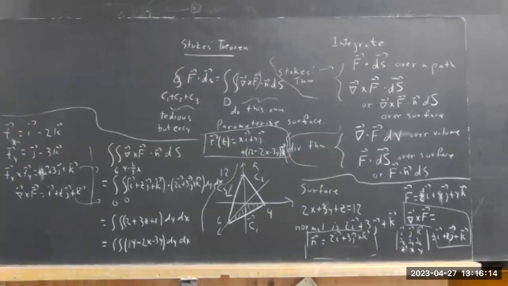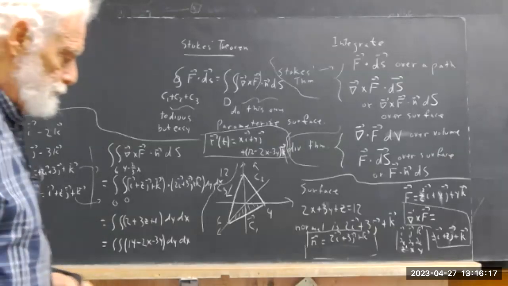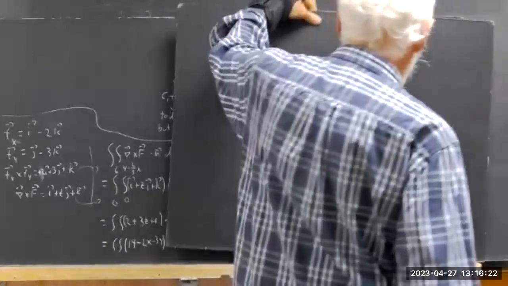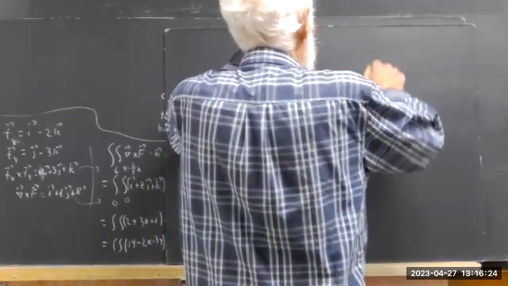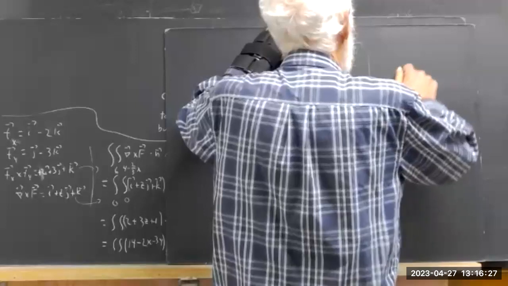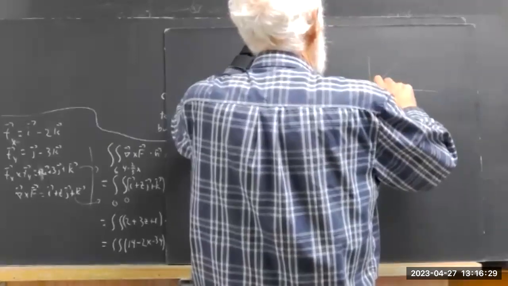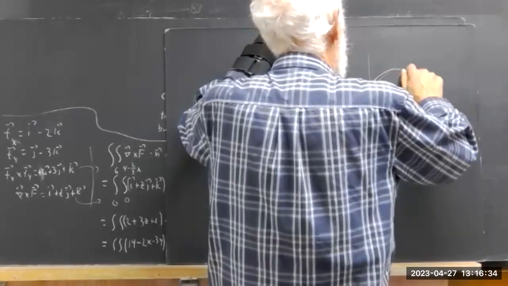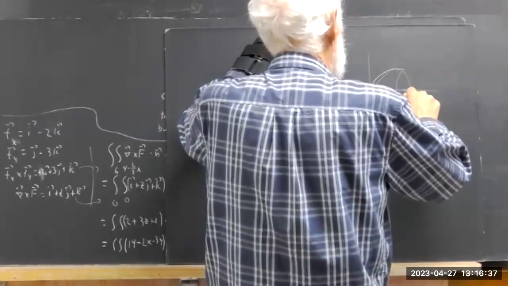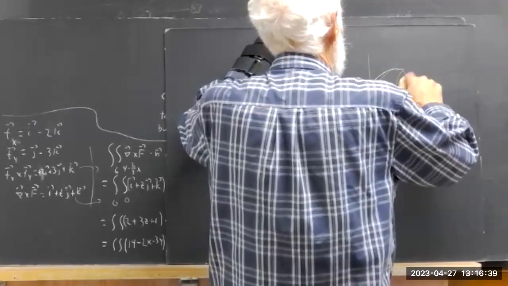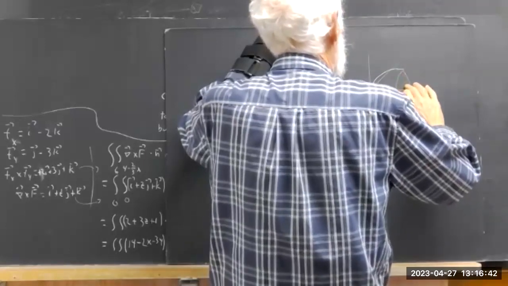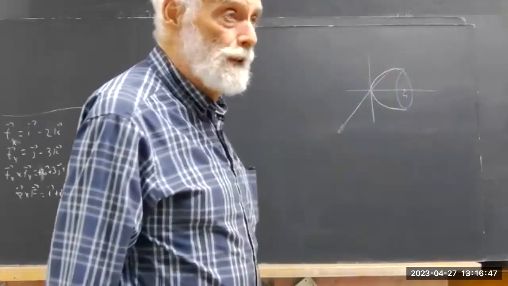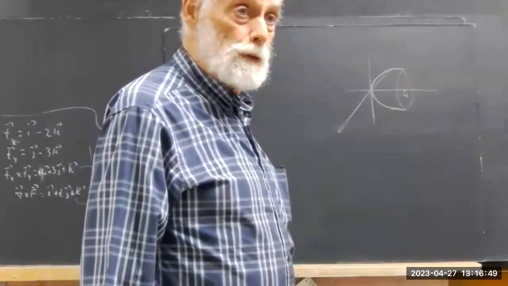The next thing we looked at, and I remember what it was, is very simple. It turns out to be a paraboloid of revolution. Okay, you've got this open paraboloid of revolution.